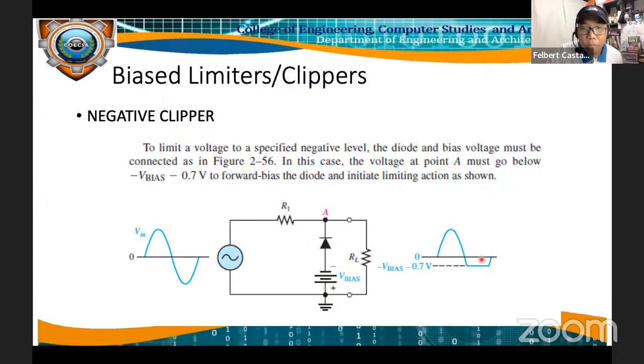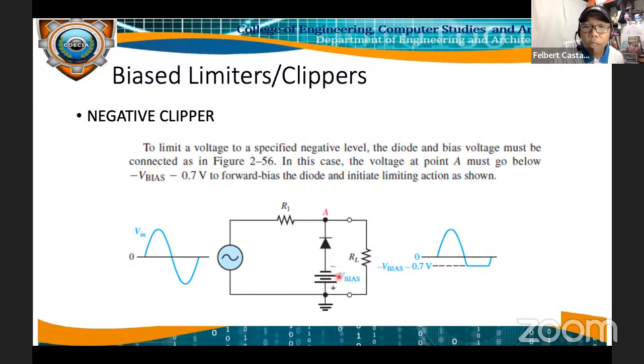Same pa rin siya. Ngayon, considering the negative alternation or negative half cycle, so negative voltage, tingnan mo si diode, gagana ba siya? Gagana siya, naka-forward bias siya. Okay? Tapos, meron ka ditong DC or bias voltage, negative, kunyari negative 2 volts.